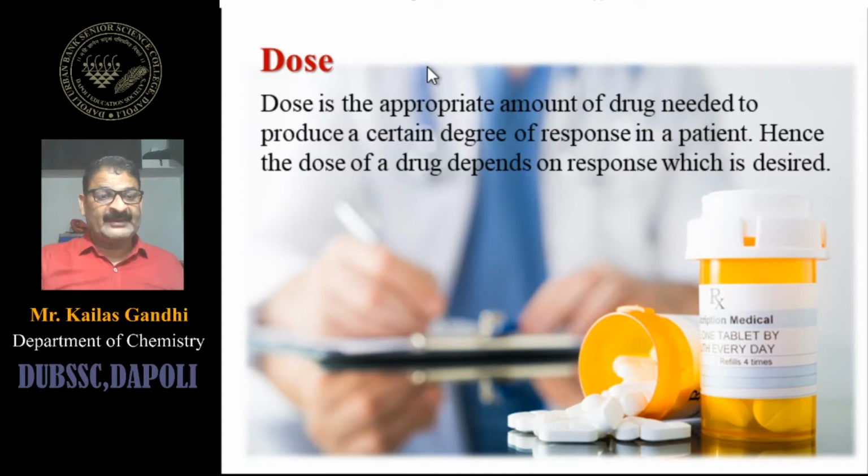But if we require the anti-inflammatory action in diseases like rheumatoid arthritis, then the dose required is more, ranging between 3 gram to 6 gram per day. So depending upon the degree of response, the doses will be prescribed.